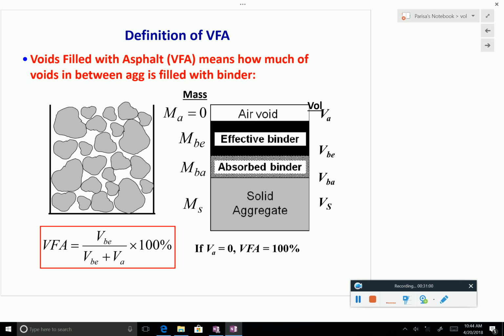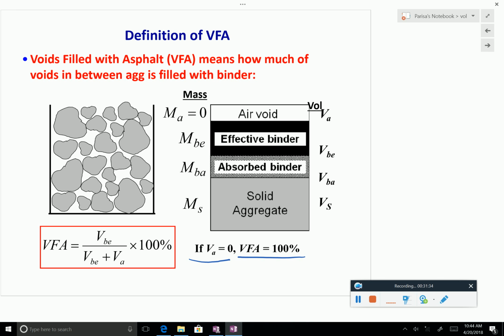So if you have no air content, then that would mean that this is 100%. That all the voids are filled with binder. Everything you have is binder. I want to wait for everyone to write this down. So these are definitions that engineers have found to be useful. Different types of air voids.